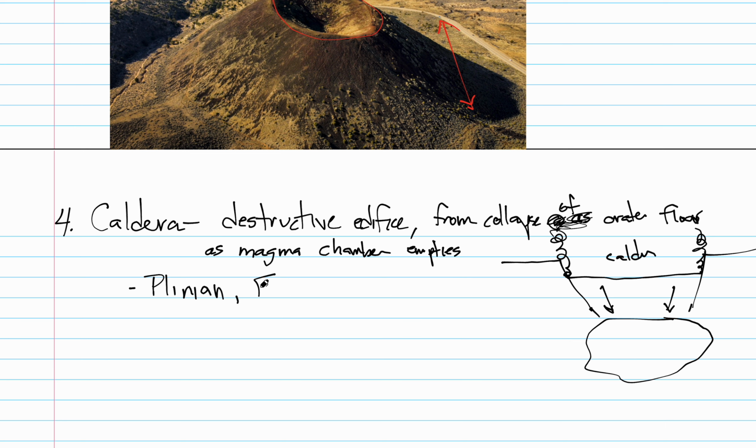They are felsic in composition most of the time, because Plinian and felsic go together, and the scale of these is big, and so they are measured in kilometers. They're measured in kilometers in terms of distance, and also in kilometers cubed in terms of volume.